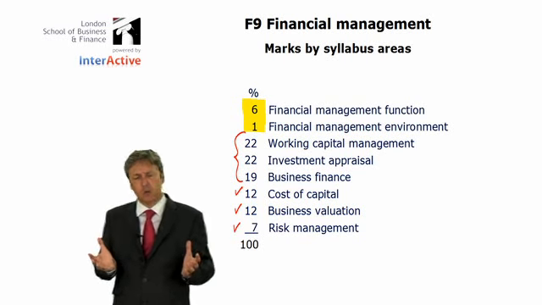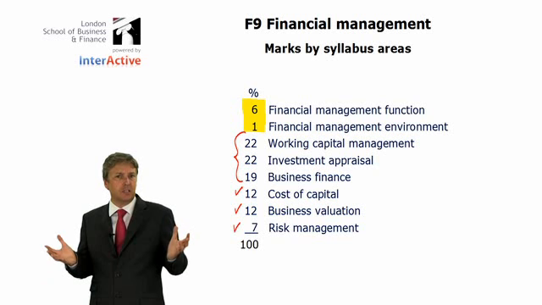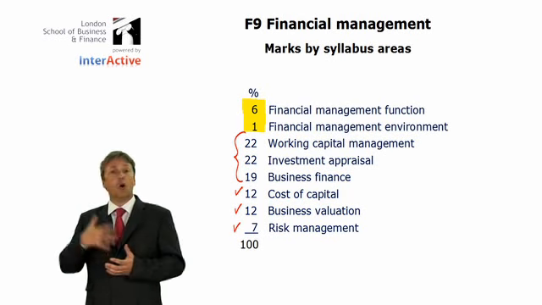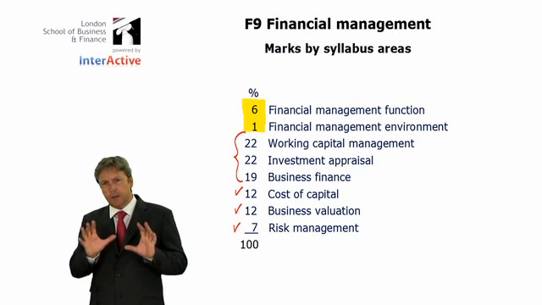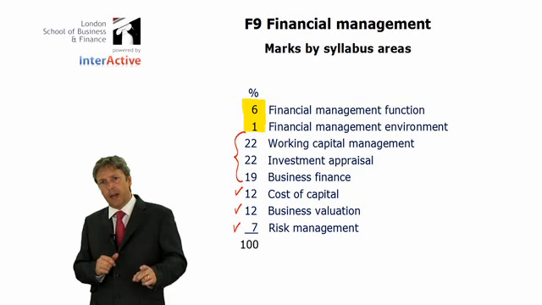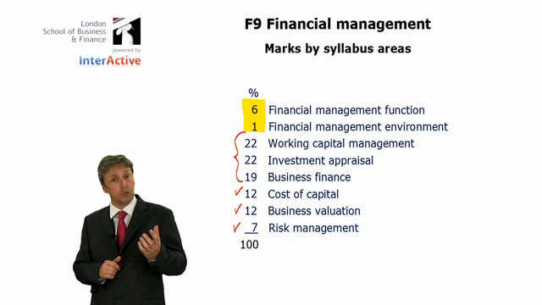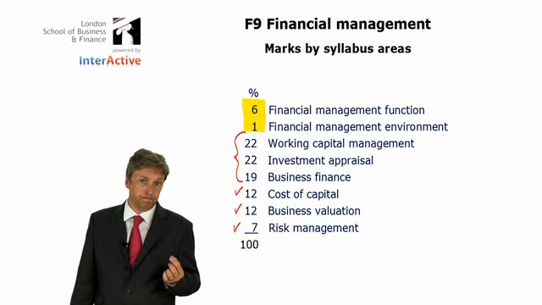So this is the sort of analysis that you can look at. And of course, statistics is always a way of hiding things or overemphasizing things that maybe you shouldn't do. So I'm just going to keep it very simple. That gives you some idea, I hope, of the relative importance of the sort of subjects within this paper.